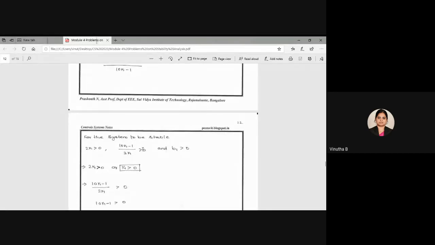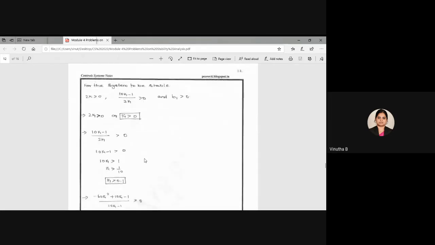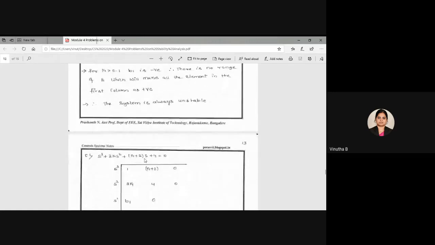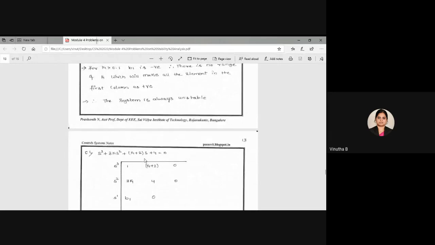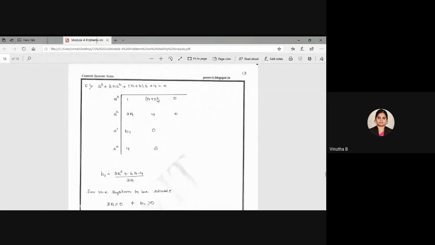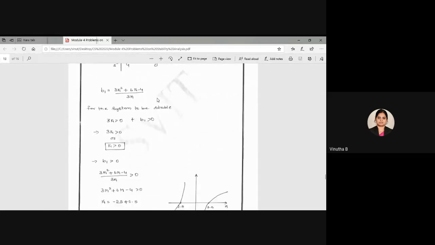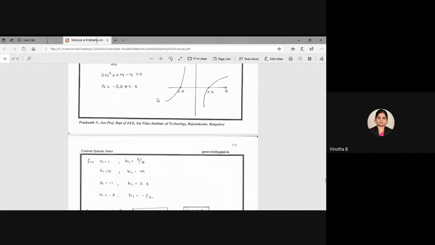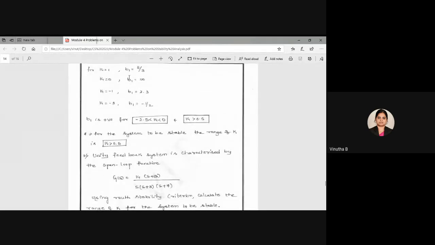For all the different conditions, you have to write down greater than 0, greater than 0, greater than 0, and then find out what k is in each case. Then you have to combine them and come to a conclusion about what the range of k should be. Also, you can even comment on the stability of the system based on the sign changes in the first column. So these are many various other problems which you can try to do.